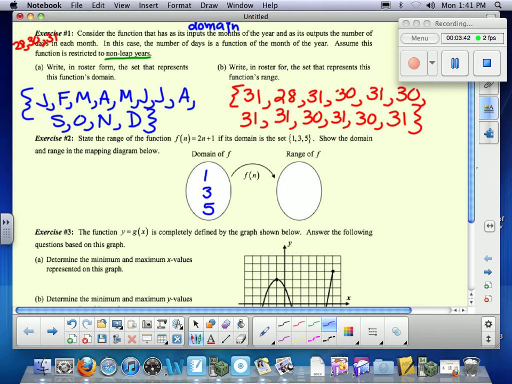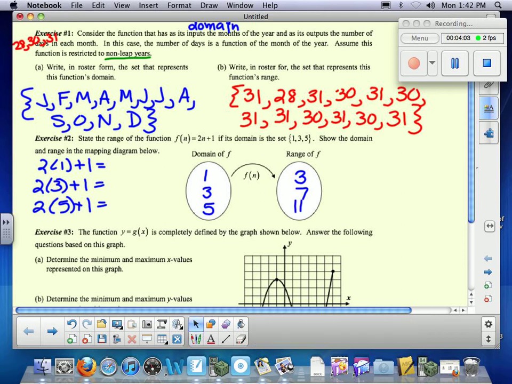So what is the range? 2 times 1 plus 1 equals, 2 times 3 plus 1 equals, and 2 times 5 plus 1 equals, and that's our range.